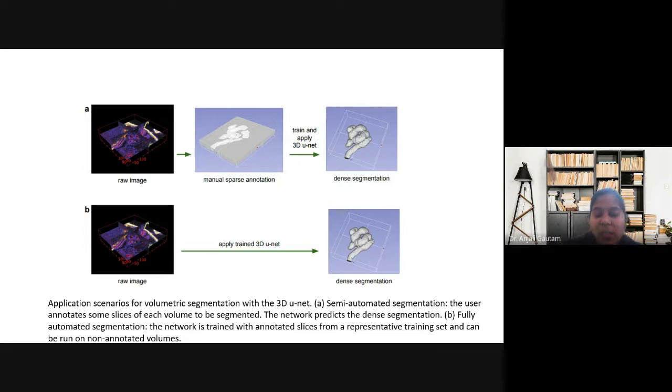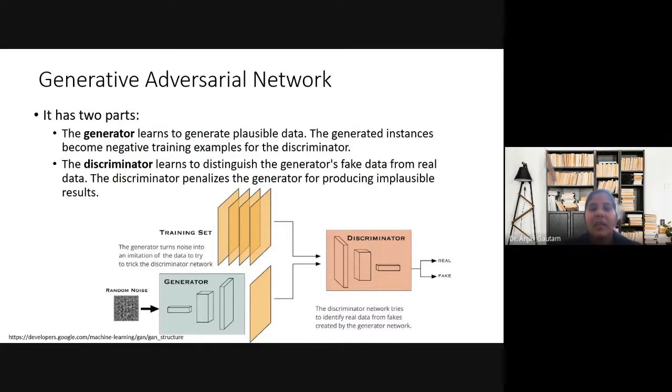In both cases this is beneficial. So we have seen the U-Net architecture and the 3D U-Net. All are related to segmentation, because if we want to find the region of a particular disease, these are related to that.